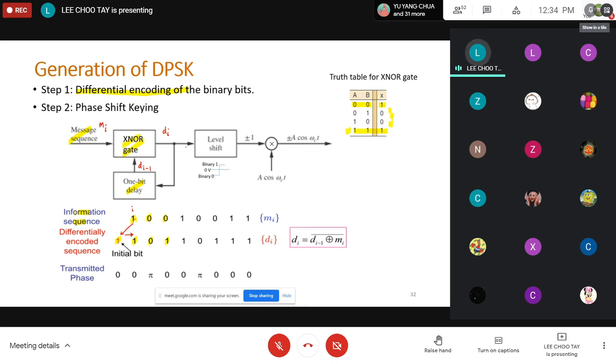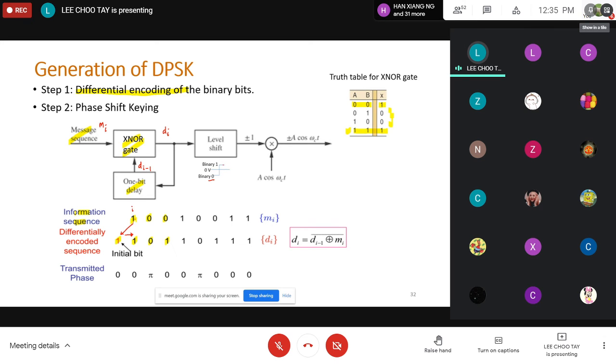Then, after I get my strings of DI, I do a level shift here. That means here I need to represent my ones and zeros differently. So a binary 1, I'm going to shift it by making it positive.